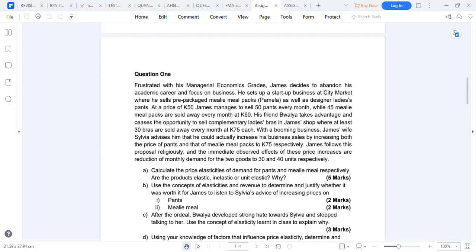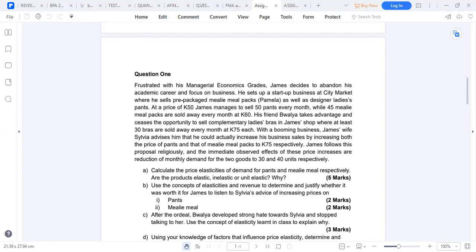So by definition, elasticity in the context of economics refers to the responsiveness of demand due to changes in the factors that affect demand.